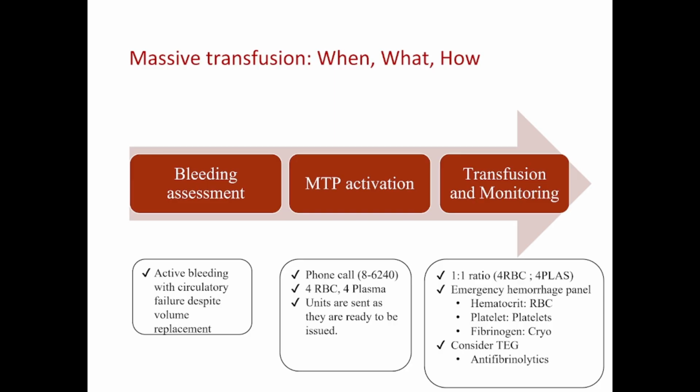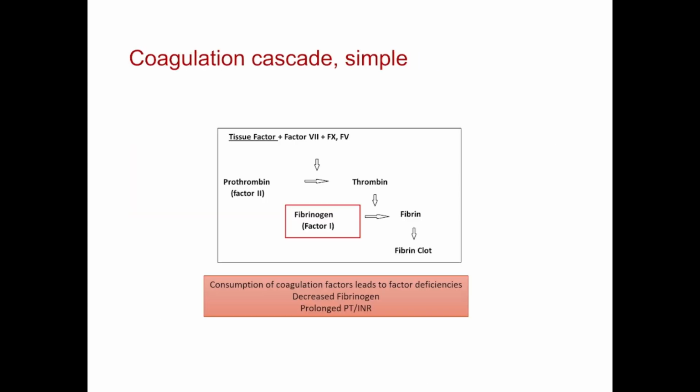This will let you know whether you need to give red cells, platelets, or cryo. Also, if you need to, please consider a TEG and provide antifibrinolytics. The simplistic coagulation cascade is that depletion of fibrin will increase PT and INR.